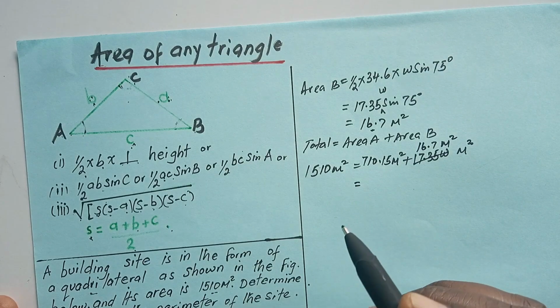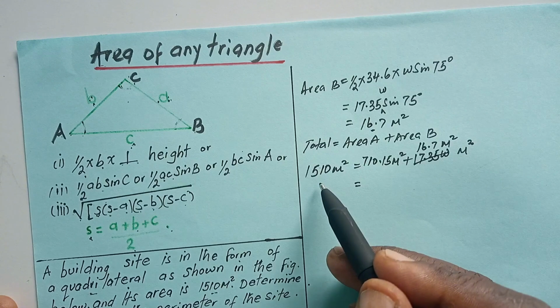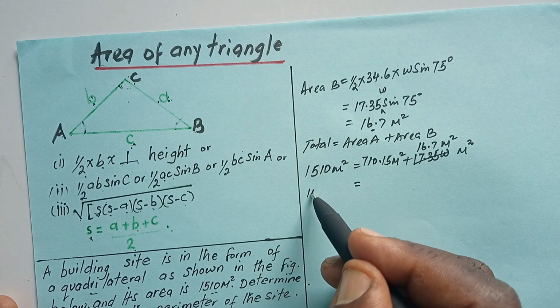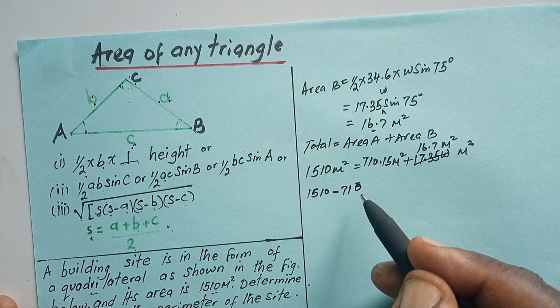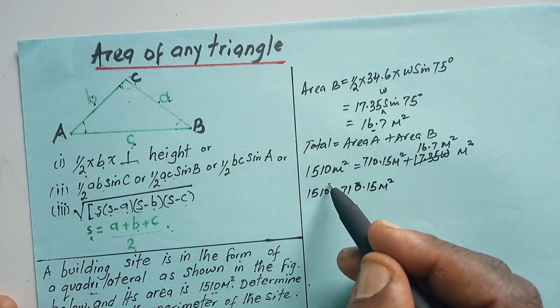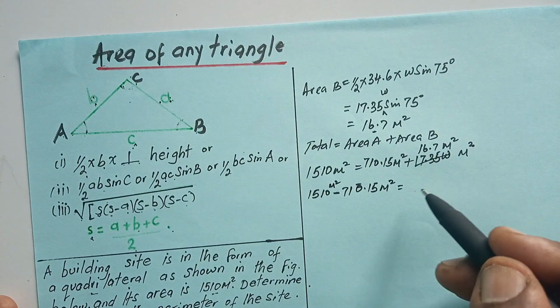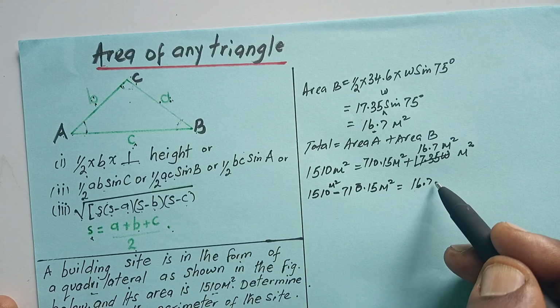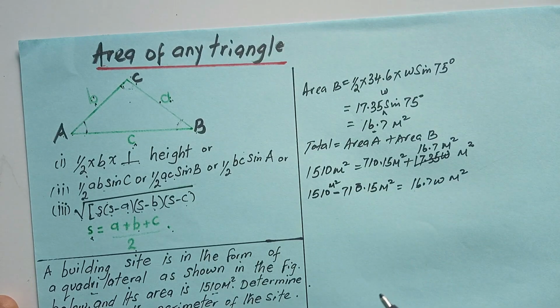So this one is equal to, we bring this side and then we subtract: 1510 minus 710.15, all these ones are meters square, is equal to what will remain here, 16.7 W meters square. Now when we subtract that, we find it as 799.85.